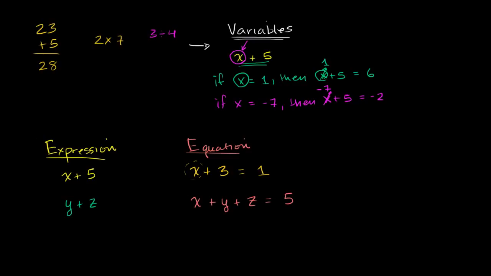So for example, if we said y is equal to 3 and z is equal to 2, then what would be x in that situation? If y is equal to 3 and z is equal to 2, then the left-hand expression is going to be x plus 3 plus 2, which is x plus 5.